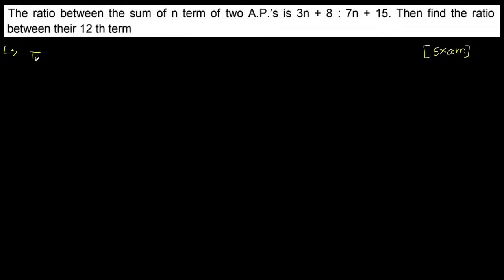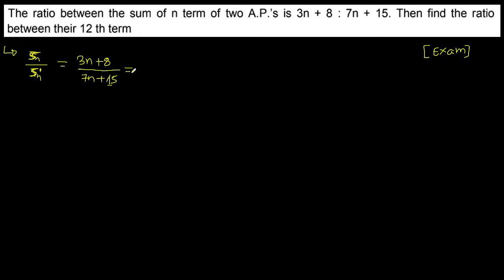So we have Sn upon Sn prime, which is 3n plus 8 whole divided by 7n plus 15. This is Sn, okay. This is Sn dash. We need the ratio of their 12th terms.